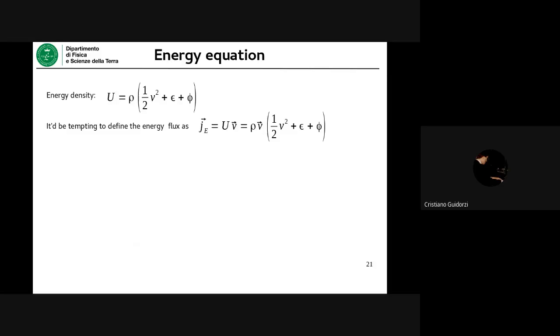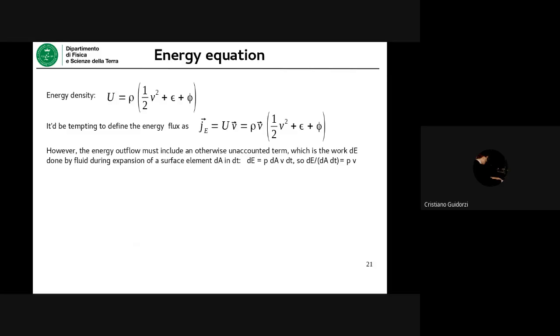Why? Because if you do that, you are neglecting a way the fluid has to do work, which is related to expansion. Let's focus again on a generic ideal fluid element, which is surrounded by some elementary surface. Let's suppose that this element is at some point expanding.